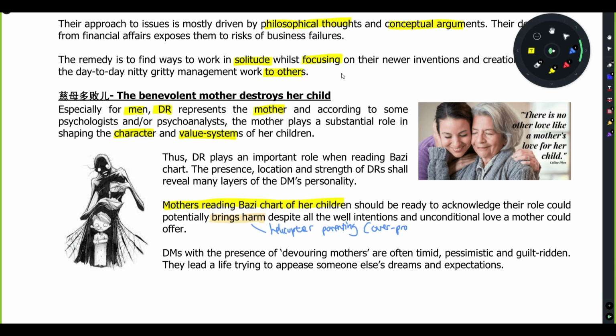Overprotective, over-nurturing, to the point that the children lack the necessary skills to survive the real world. Because the mother protects them from criticism, protects them from being scolded. And we find certain children grow, even though they are adults.